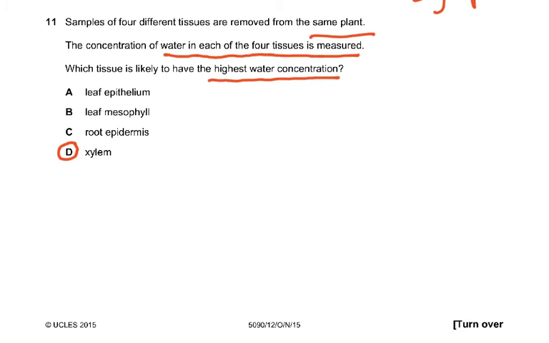Naturally, xylem is the tubes which are going to transport water, so they would have the highest water content. The root epidermis cell has cytoplasm which has 70% water. The leaf mesophyll also is a cell, so it would have cytoplasm and 70% water, but xylem is just a tube filled with water. So that was how you had to figure this out.